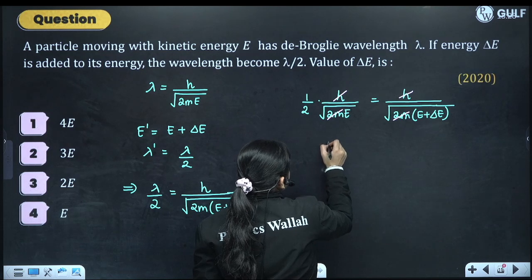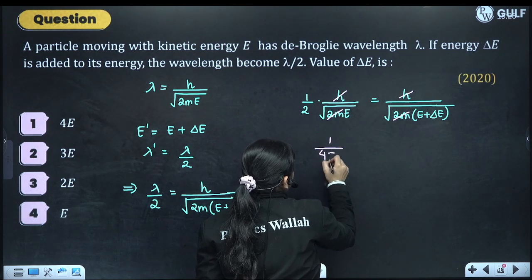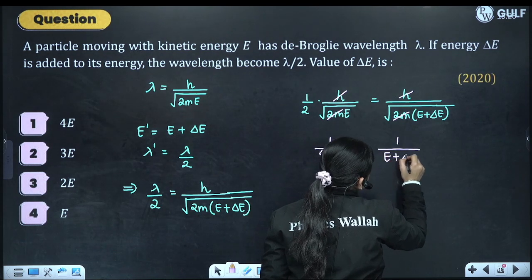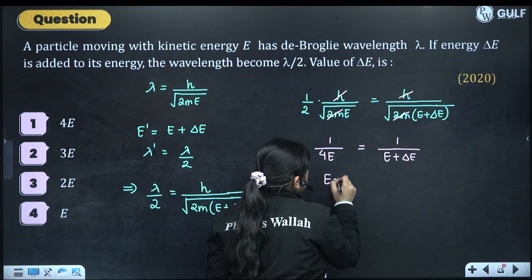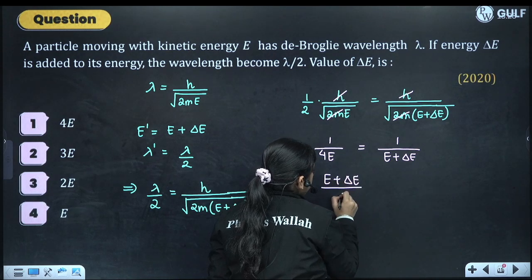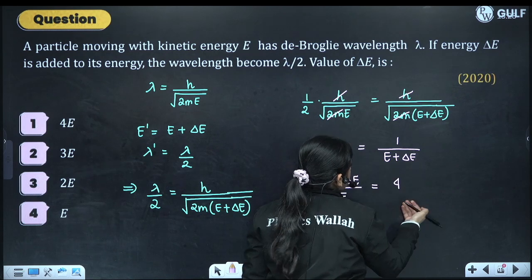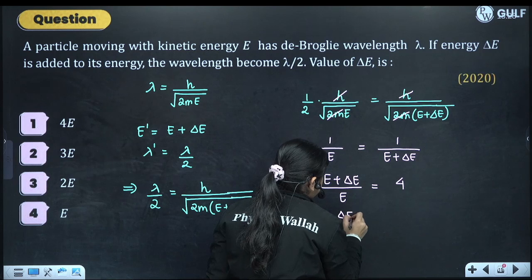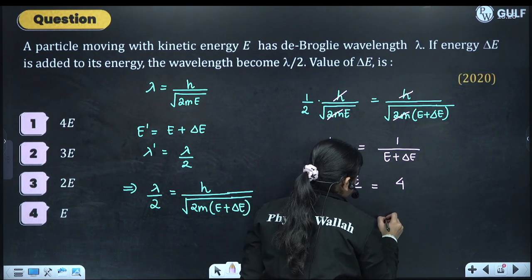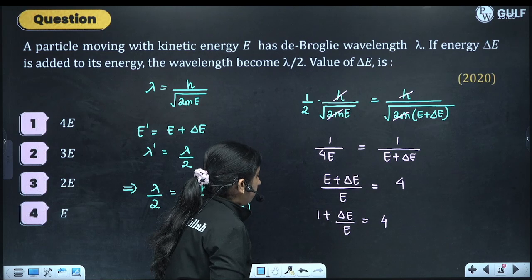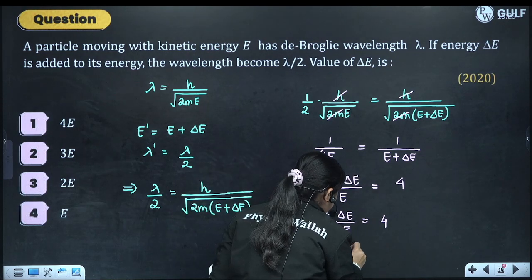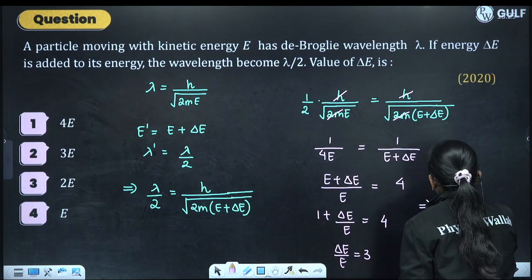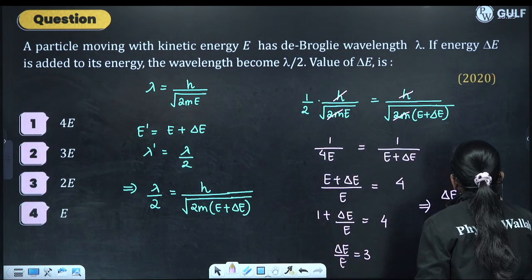Squaring both sides, we will get 1 by 4E is equal to 1 by (E plus delta E). So (E plus delta E) by E is equal to 4. So we will get 1 plus delta E by E is equal to 4. From here we will get delta E by E is 3.